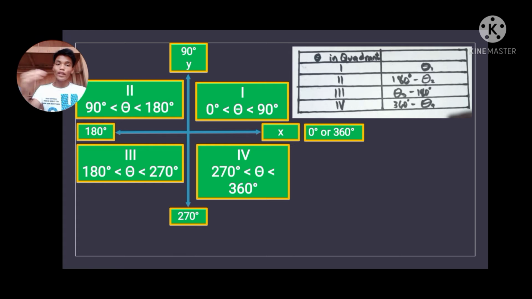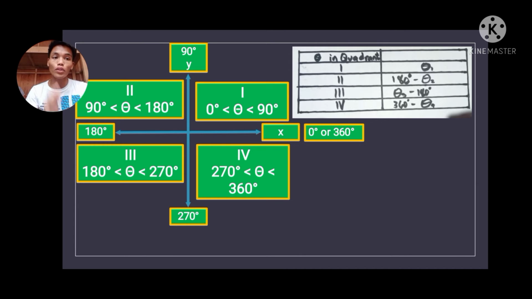Now, how are we going to find the reference angle? Let's look at the right side, my illustration in table form. In quadrant 1, the reference angle is equal to the angle itself, which exists between 0 degrees and 90 degrees.